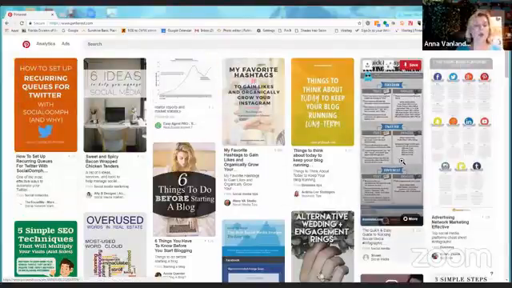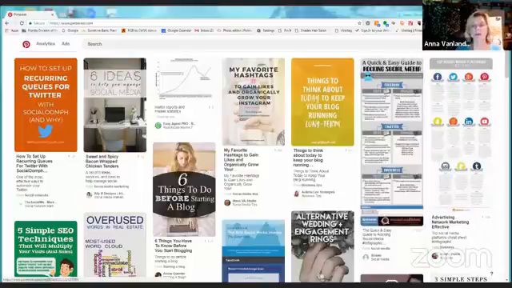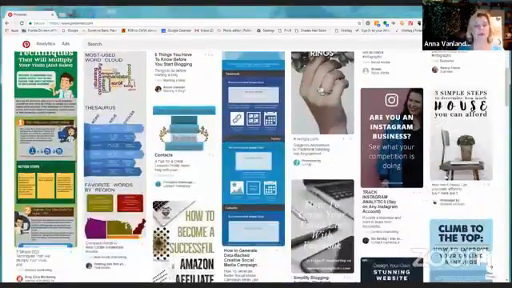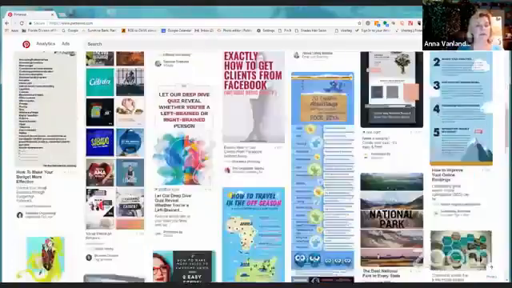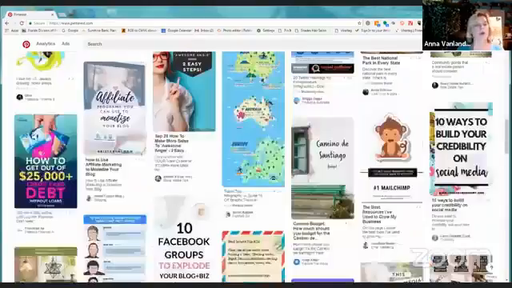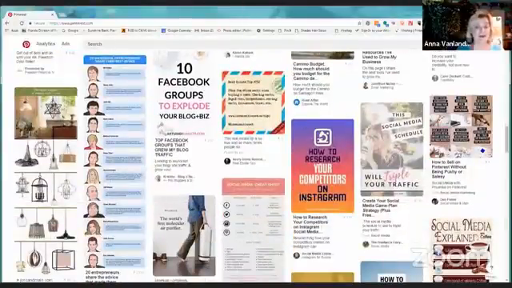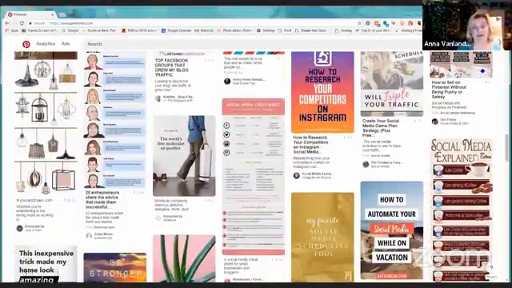And so when a person is scrolling through here, looking at things and trying to see what they might be interested in, you can see how some of these visuals jump out at you more so than some of the others.